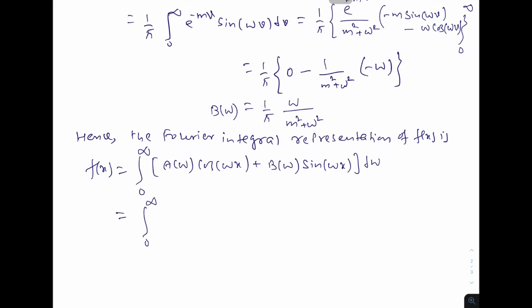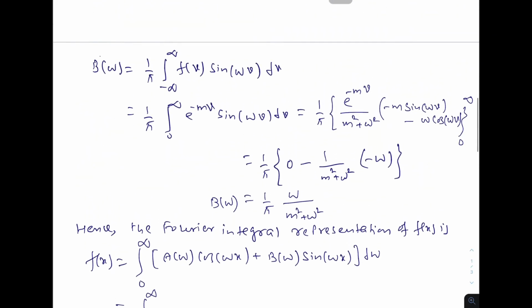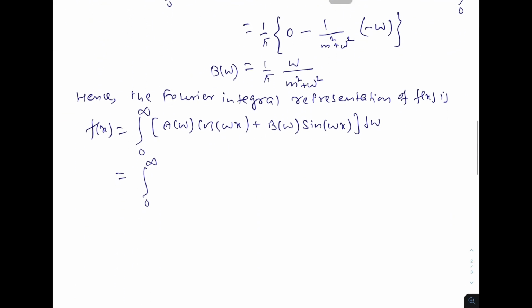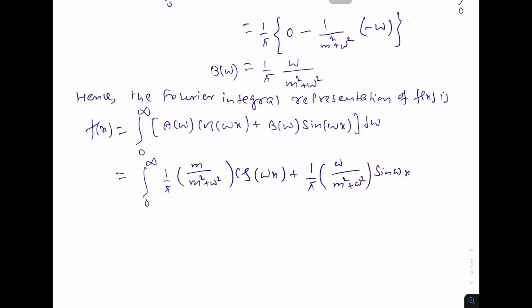So this is equal to integration 0 to infinity of [1 over pi times m over (m square plus omega square) cosine(omega x) plus 1 over pi times omega over (m square plus omega square) sin(omega x)] d omega.